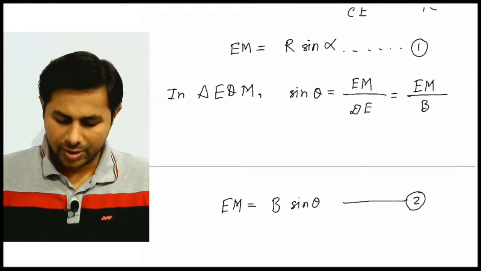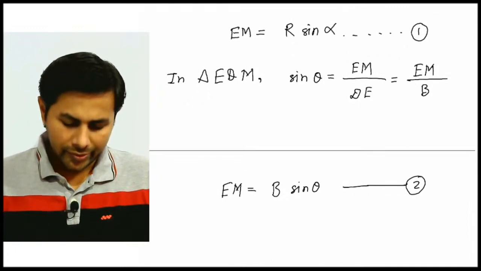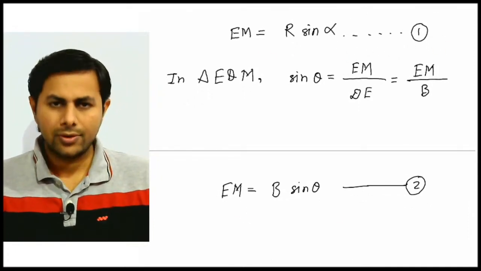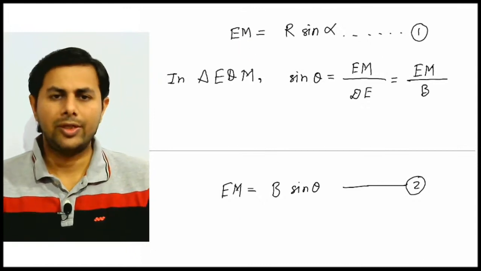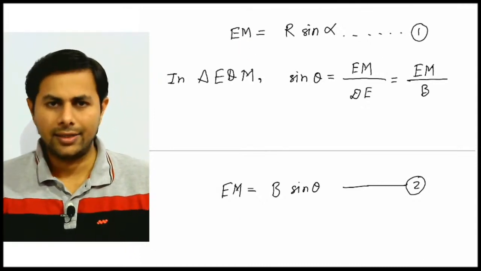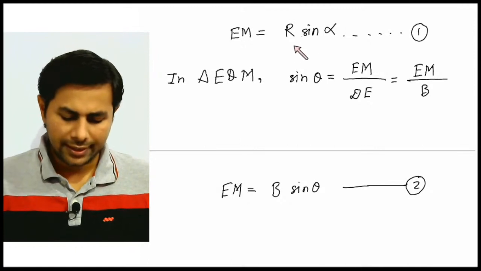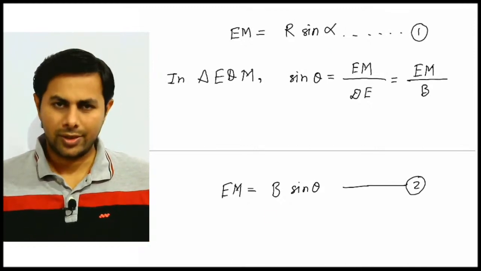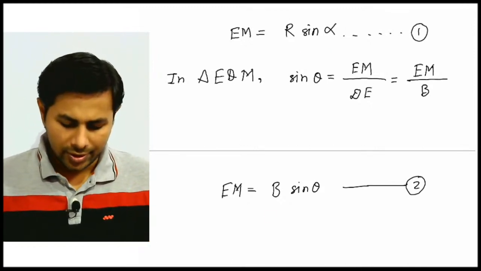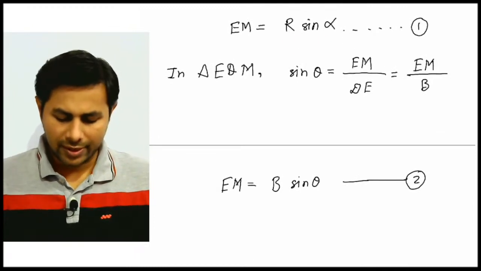This is my equation number 2. Now if we compare equation 1 with equation 2, the left hand sides are identical, which means the right hand sides should be equal too. So I can write R sine alpha equals B sine theta.